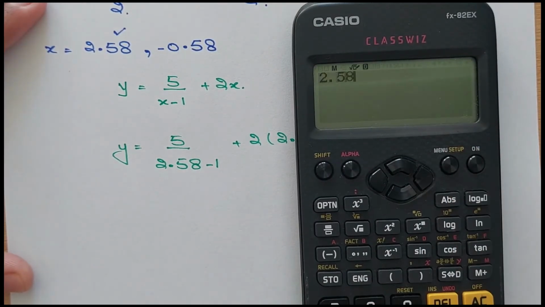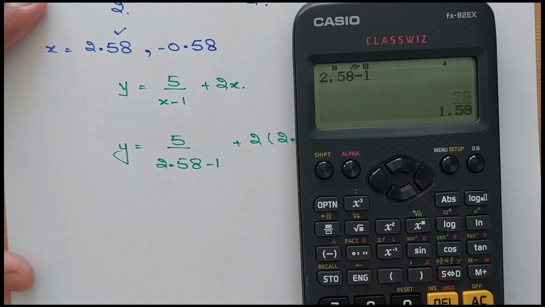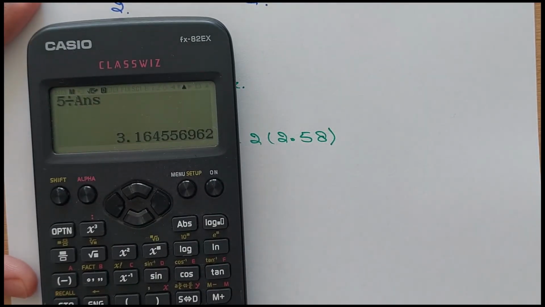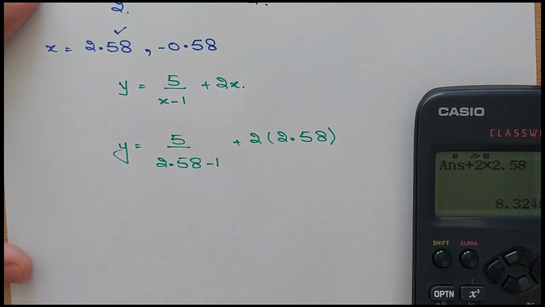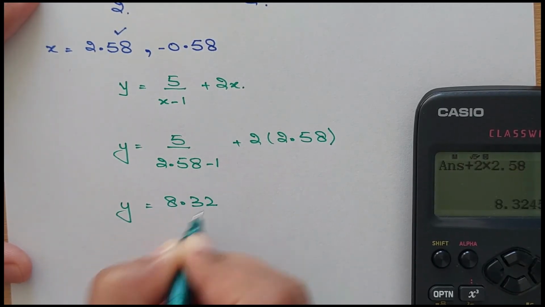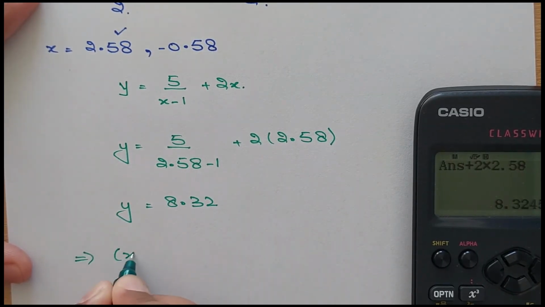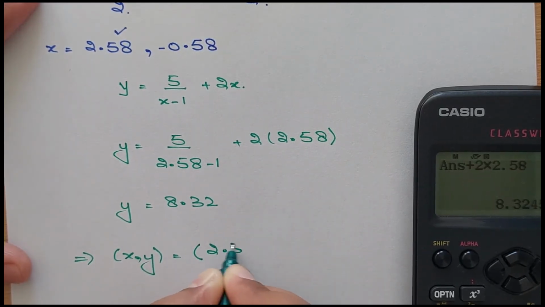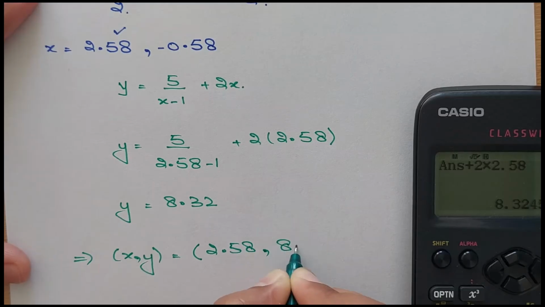So 2.58 subtract 1 is 1.58, and 5 divided by the answer, and then add 2 times 2.58, we have 8.32 is the y value. So we can say that the coordinates of the stationary point are 2.58 and 8.32.